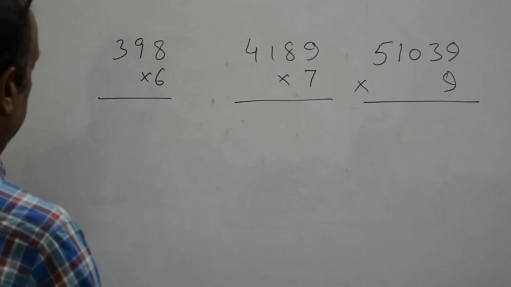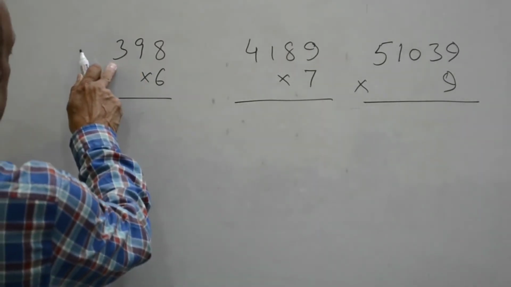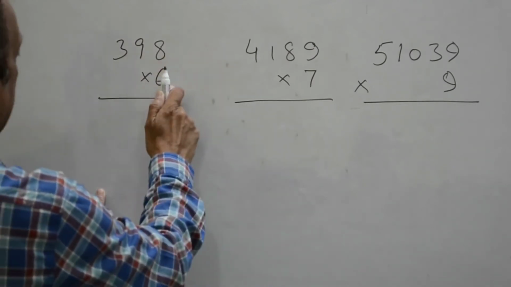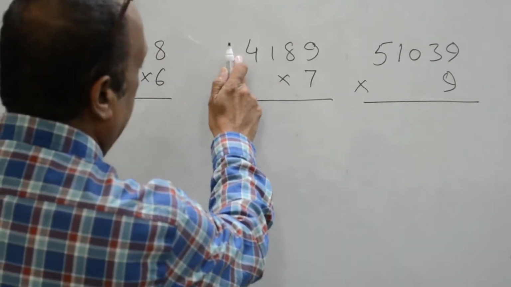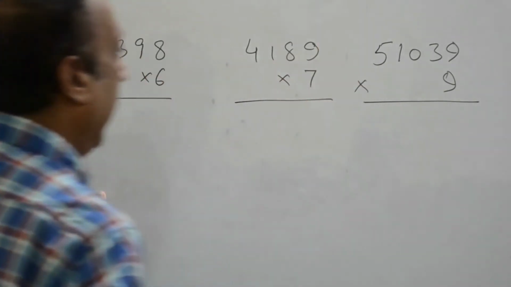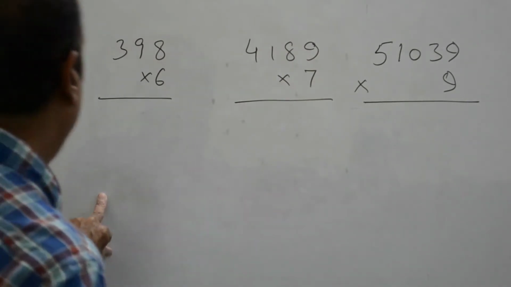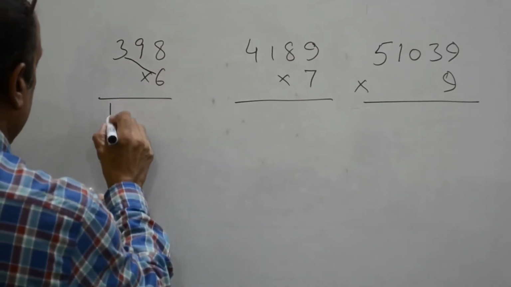When multiplying a number with a one digit number, and if the number is of more than 2 digits, for example, here we are multiplying a one digit number with a 3 digit number, here by a 4 digit number, and here by a 5-digit number, then we are going to adopt a different method. Multiply 3 by 6, it is 18.